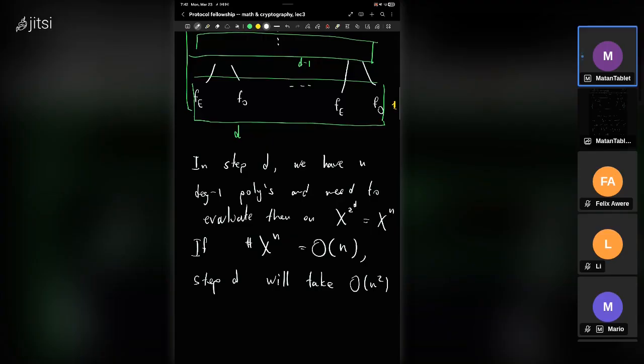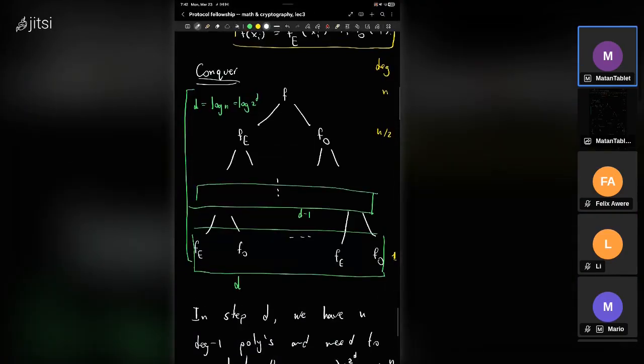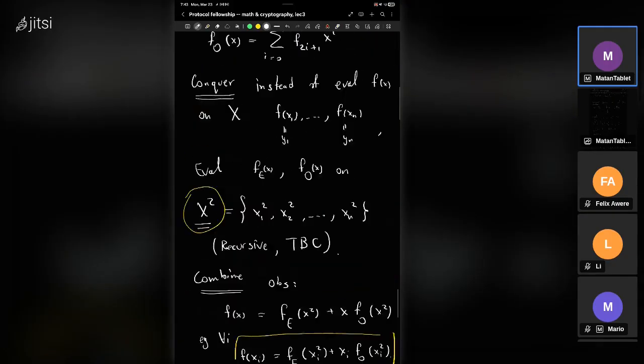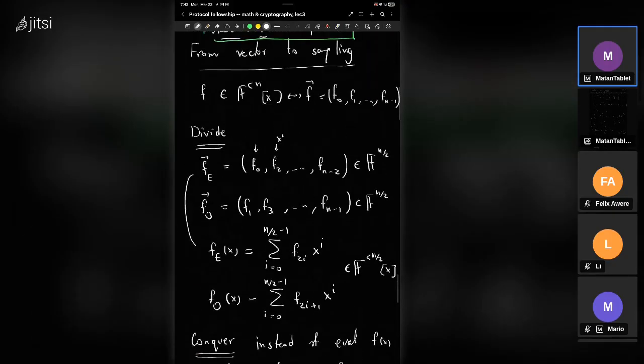Okay, in the conquer step, if we have already split them into even and odd in level 1, how can we split them further into even and odd? Well, because the splitting is happening on the vector level. So you take the polynomial, you convert it into a vector, and you take the even and odd coordinates of the vector.